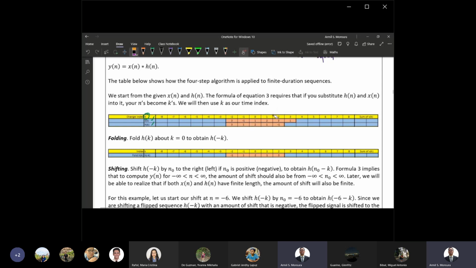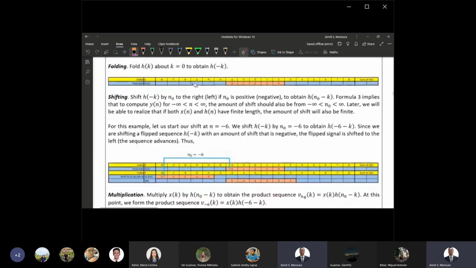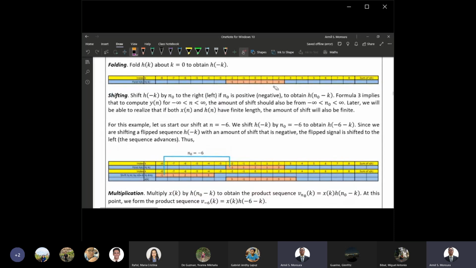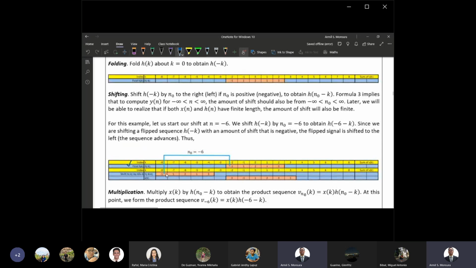Okay, so that's folding. Next is shifting. That's the next operation. We start with the folded h, which we copied here. We shift the folded h by a certain amount n0. The amount of shift should be from negative infinity up to positive infinity.